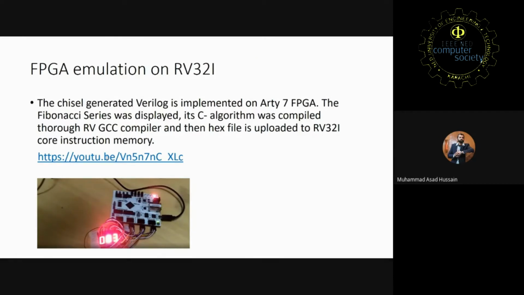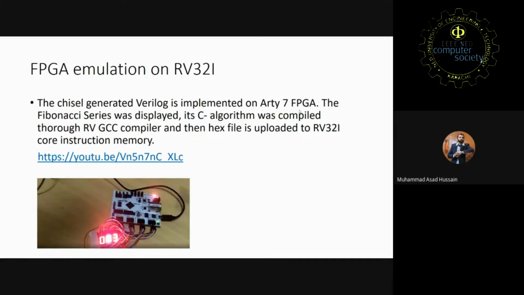The Chisel generated Verilog is implemented on a less than $100 RT7 FPGA board. The Fibonacci series was displayed. Zishan, one of our interns, wrote the C program of the Fibonacci series and ported the core that we designed in Chisel, generated its Verilog, and then ported it onto the FPGA.